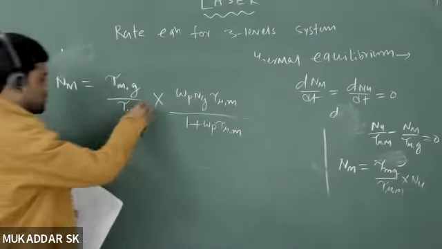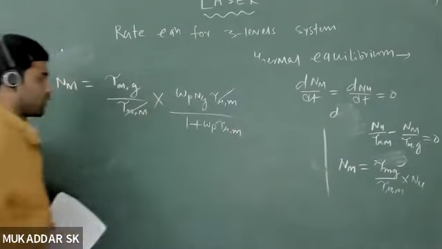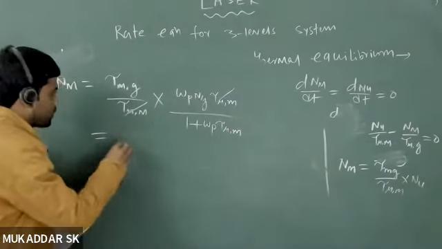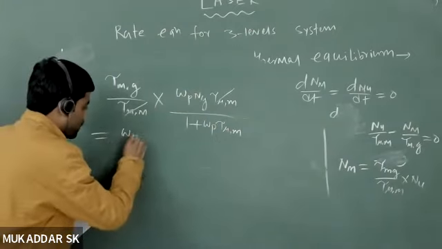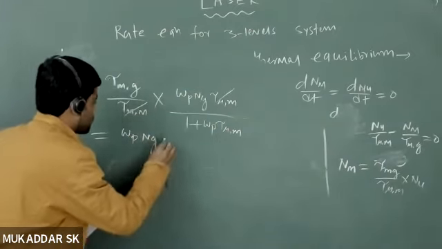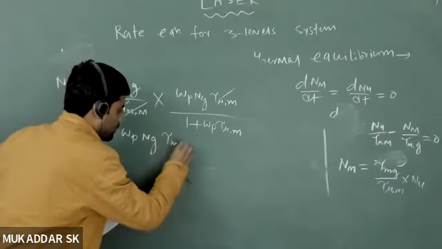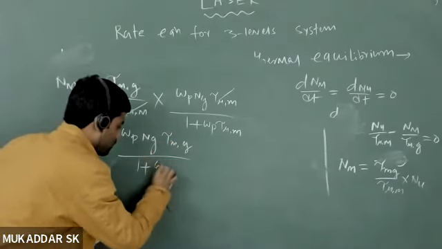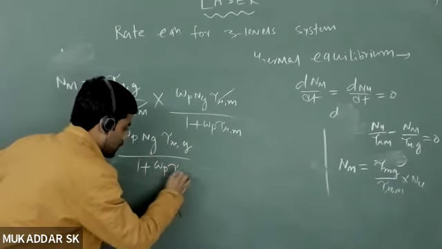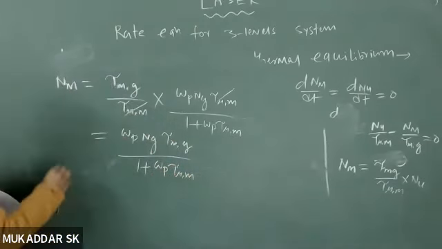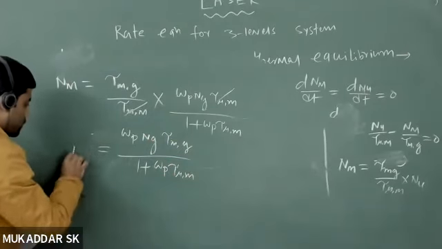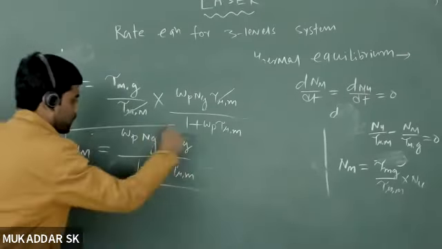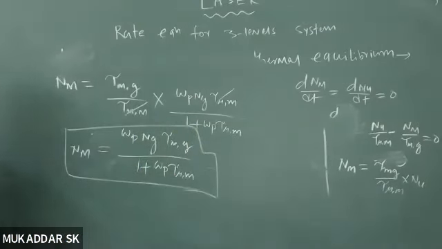Just this tau of UM will cancel, and I'll get the population of the metastable state as W_P N_G tau of MG divided by 1 plus W_P tau of UM. This is the population of the metastable state at thermal equilibrium.